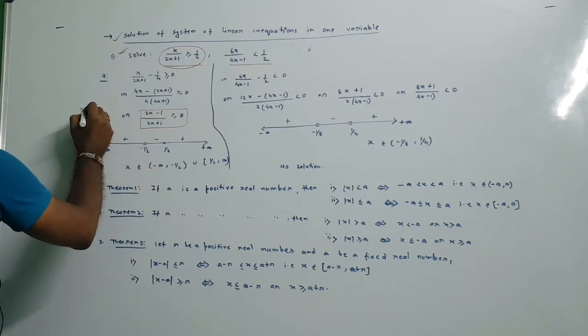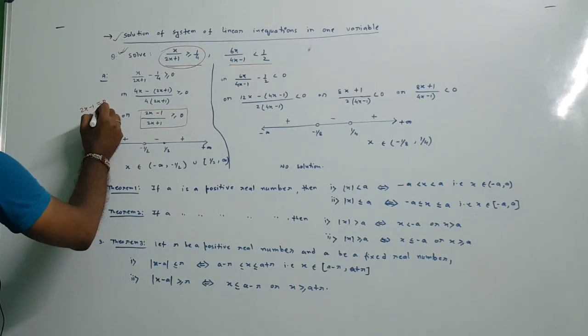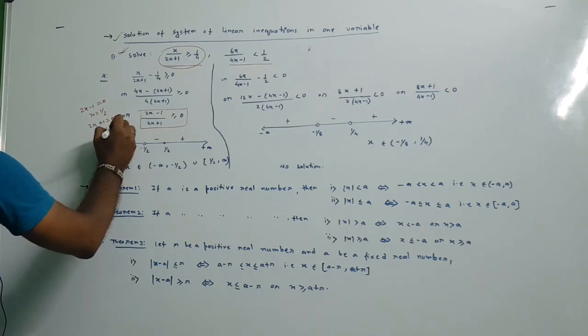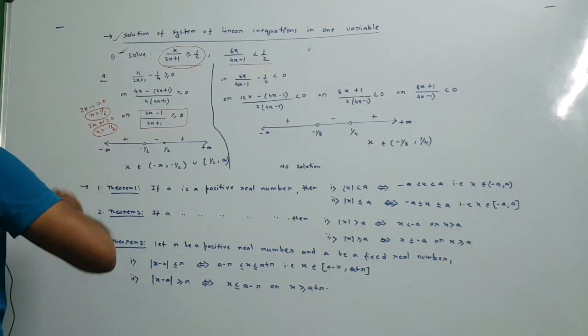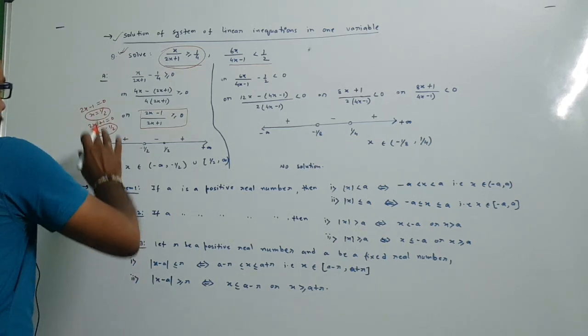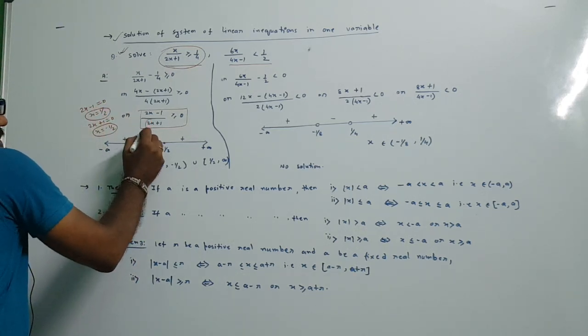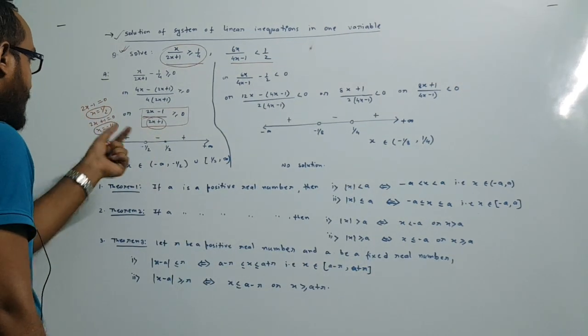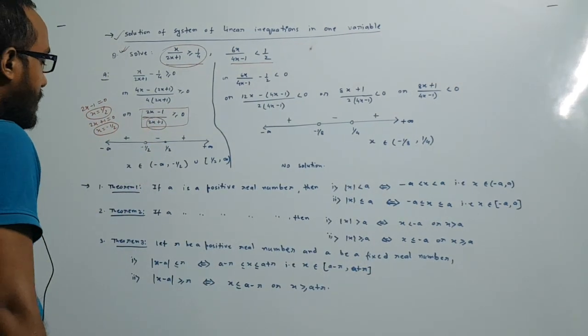So from this we can say 2x minus 1 equals to 0, that means x equals to half, and from this we can say 2x plus 1 equals to 0 and x equals to minus half. So we got 2 critical points in this case. One is plus half and one is minus half. Here in the denominator, x cannot be minus half, because if it is minus half it will be infinity.